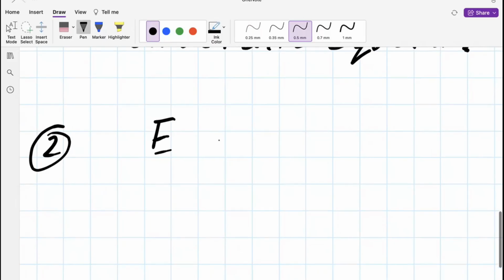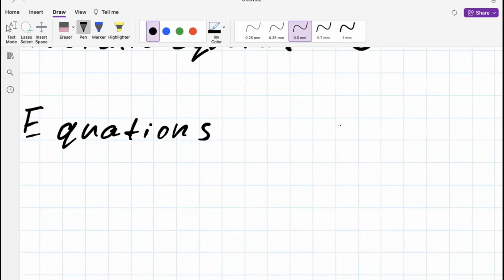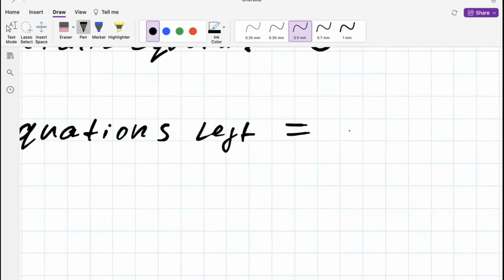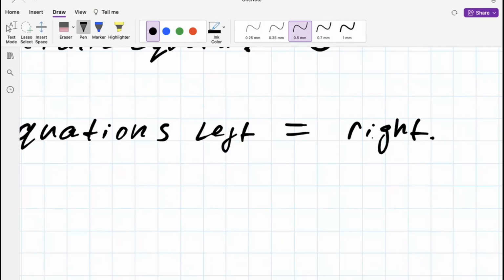So I'll write. Equations are expressions that have the equal sign in the middle, and then you have the left side and the right side. Usually equations are one-variable equations where you have to figure out the value of the variable.